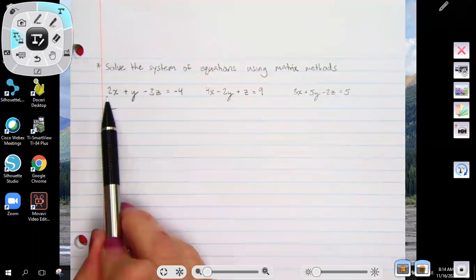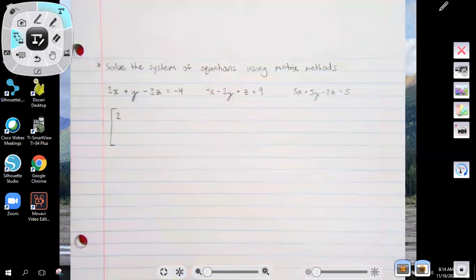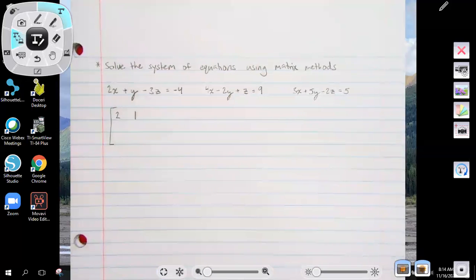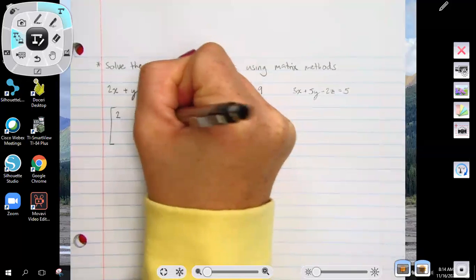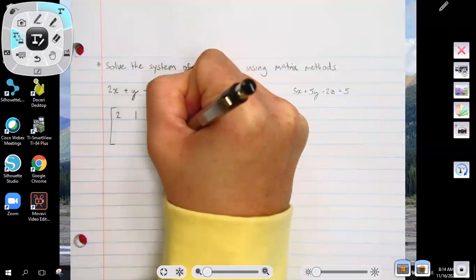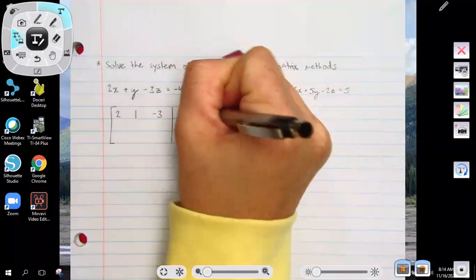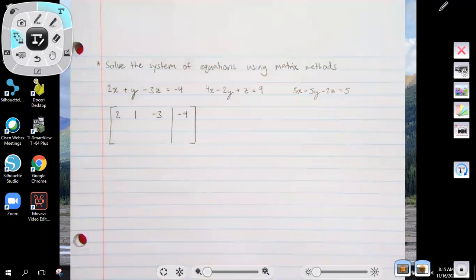So the first equation is going to become the first row. We've got 2, pull that 2 from the 2x. Then we just have 1y, negative 3z, so negative 3. We've got our bar that represents our equal sign, negative 4. That's our first row.